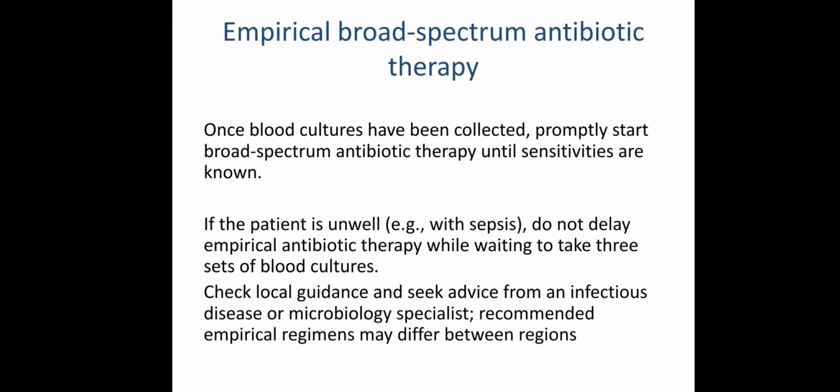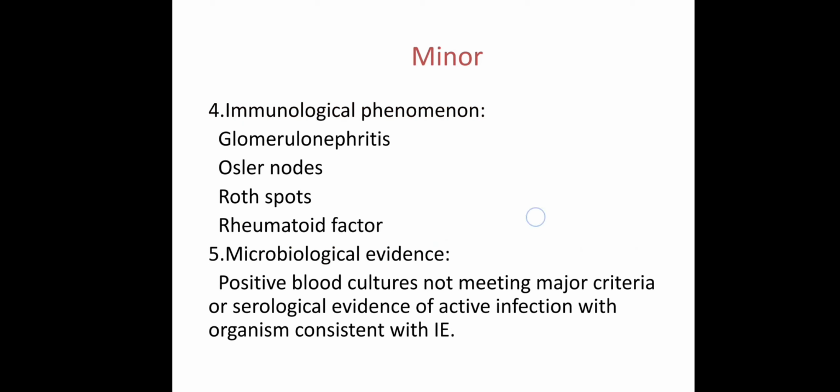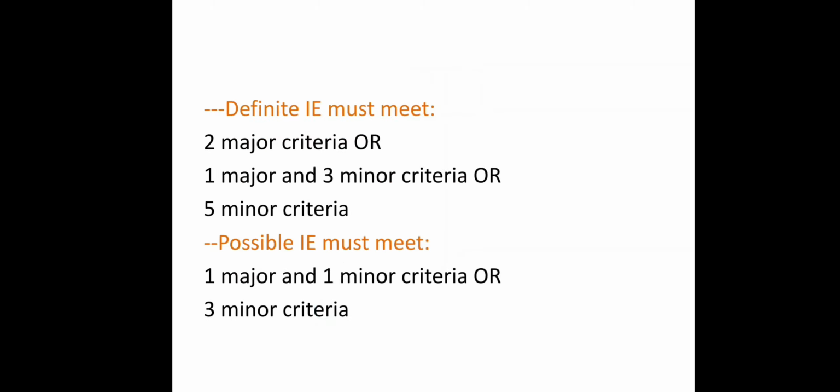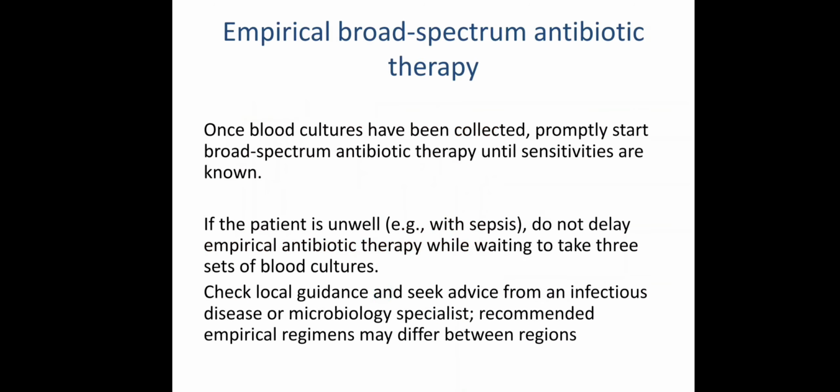So this is the diagnosis, the Duke criteria. You have the major and the minor, and based on numbers, 2 major, or 1 major and 3 minor, or 5 minor is definite IE, and 1 major and 1 minor or 3 minor is possible IE.